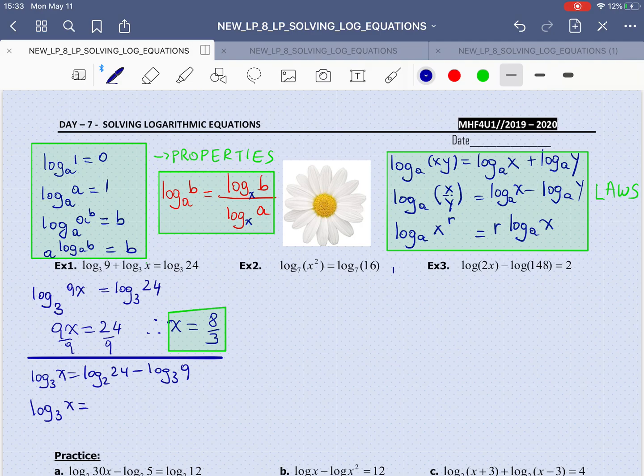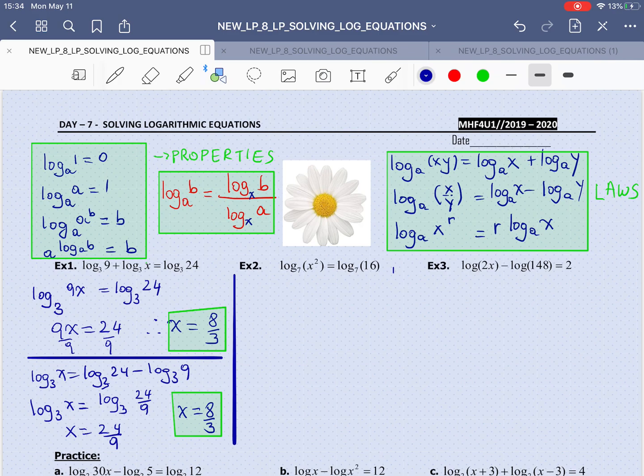That will make log with base 3 of x equal to, so this time, notice that we have a minus, which means we are using the quotient law, and then we'll write log with base 3 of 24 over 9. So that makes x equal to 24 over 9, or 8 over 3. And that's what we found out using the previous method. Okay.